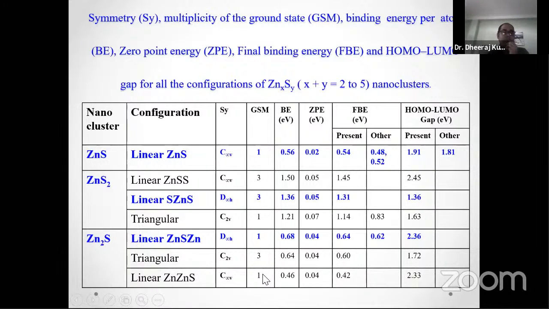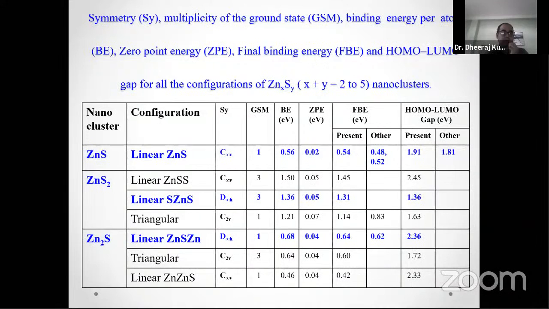In ZnS2 configurations, we can see that there are three different types of candidates. Linear ZnSS has the highest final binding energy of 1.54 electron volt, but this structure has imaginary vibrational frequency. That's why it is considered as unstable. So the next candidate, linear ZnS2, is considered as the most stable structure.